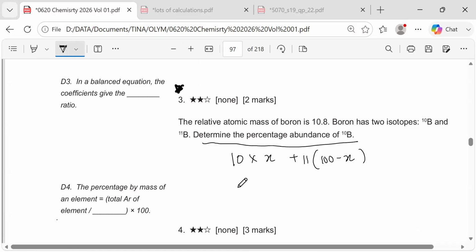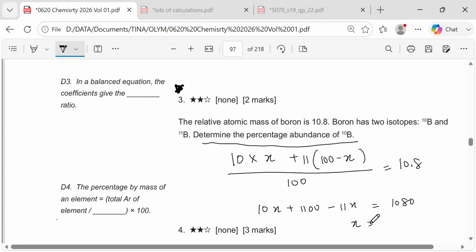Use your iPad, it has a calculator. So 10X plus 11 times (100 minus X), over 100, equals 10.8. So 10X plus 1100 minus 11X equals 1080.